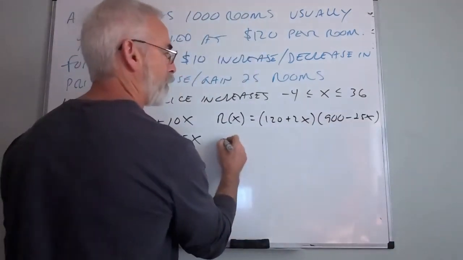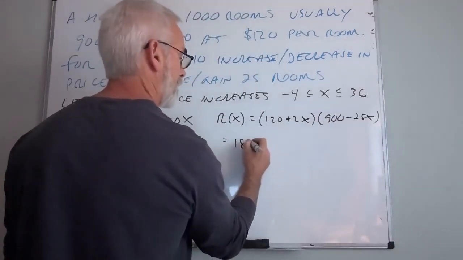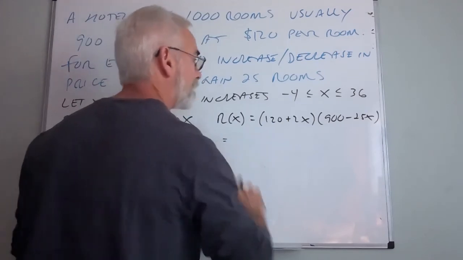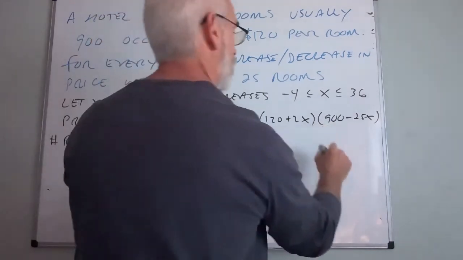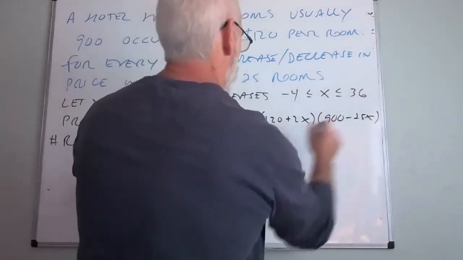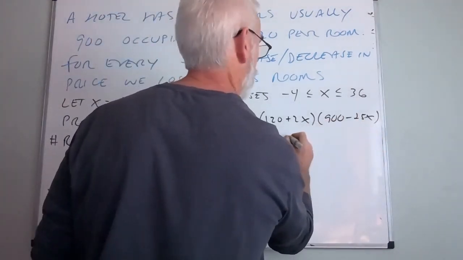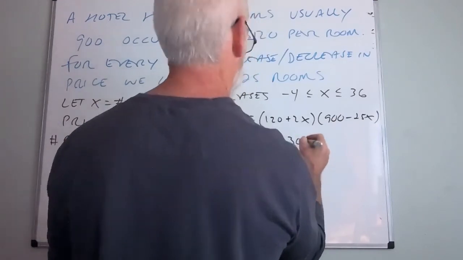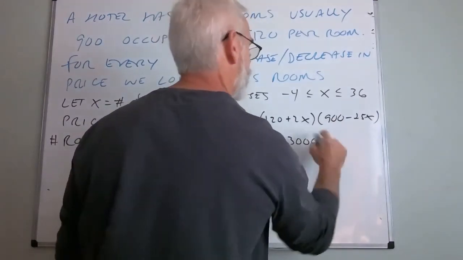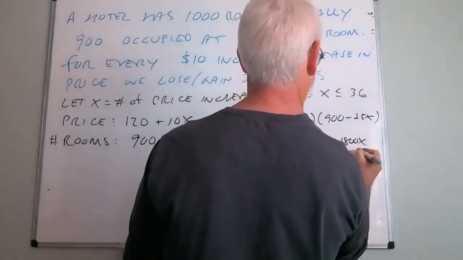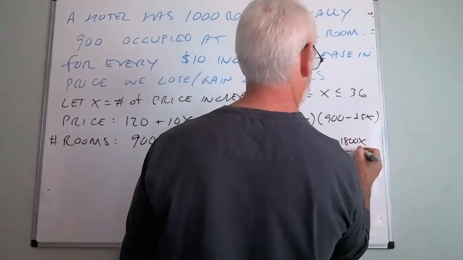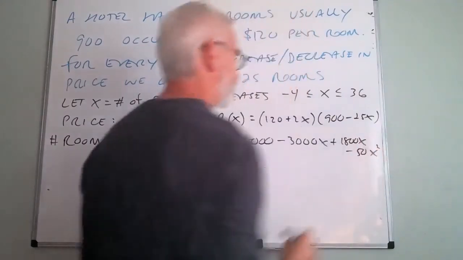Okay, and that will be 108,000, minus 3000X plus 1800X. Can't quite fit this in. Minus 50X squared.